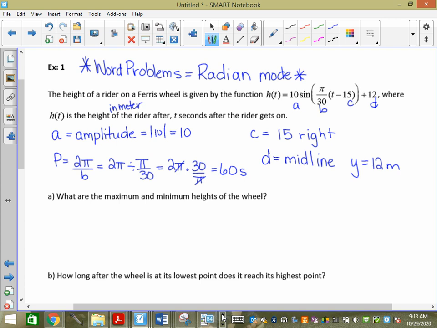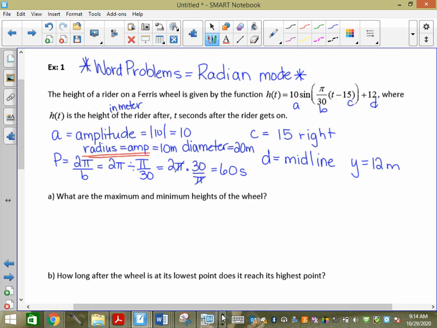What's min to max on a wheel? The diameter. So we know the radius is 10. The radius equals the amplitude equals 10, and the diameter equals 20 meters. So amplitude and radius are the same thing in a word problem. It's the distance from the middle to the top or the middle to the bottom, which is the radius.